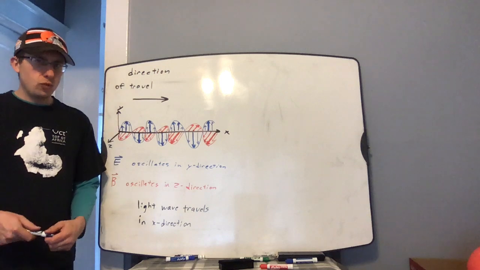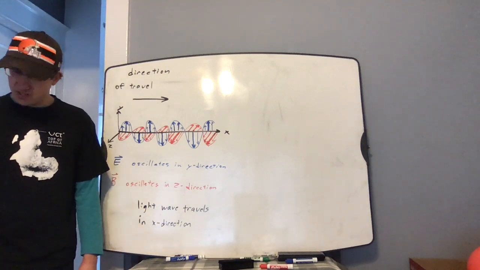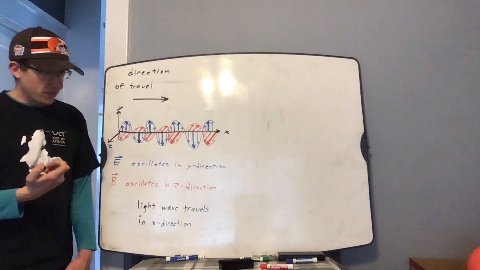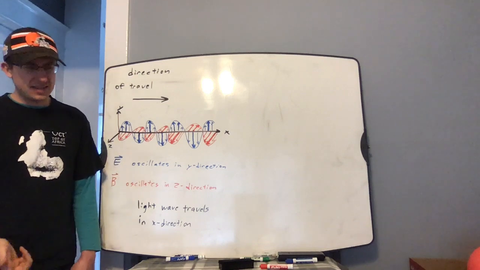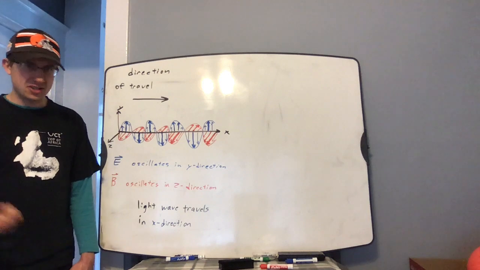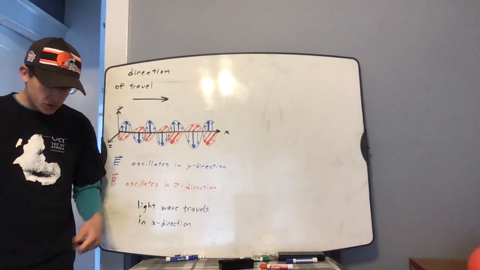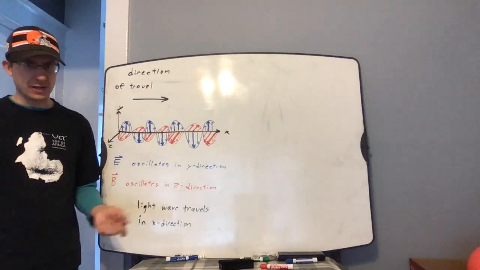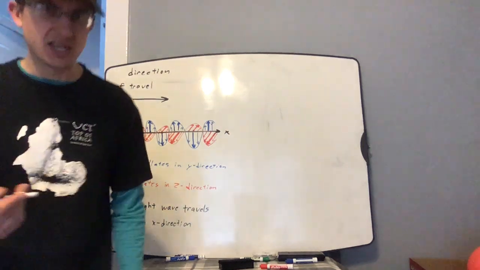So, what is light? Light is an oscillating electric and magnetic field. That statement has a lot of things in it. Let's unpack what we mean. Let's assume that I wanted to draw an electric field in a region of space.